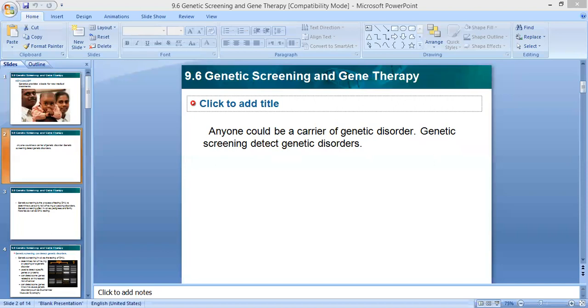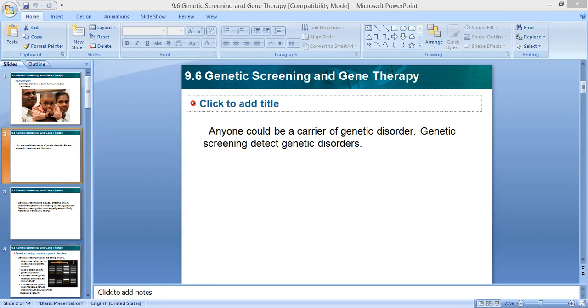The pedigree is used for counseling, to take information about the history of the patient or the couple. Okay, by asking you questions about the history of the family and the disorders that exist in a certain family. And from this pedigree, they can predict the risk for the offspring or the children.